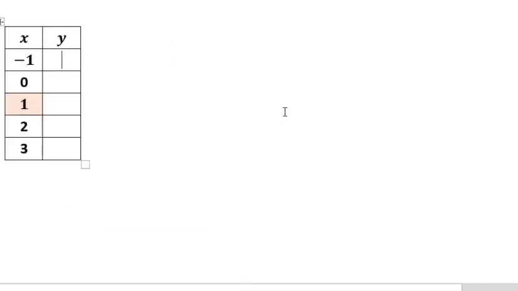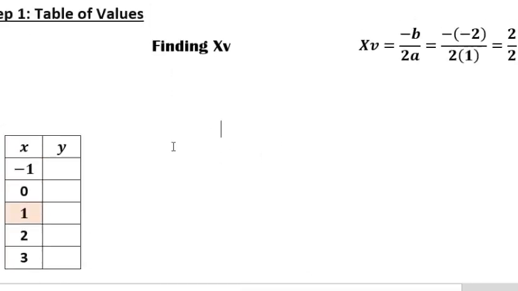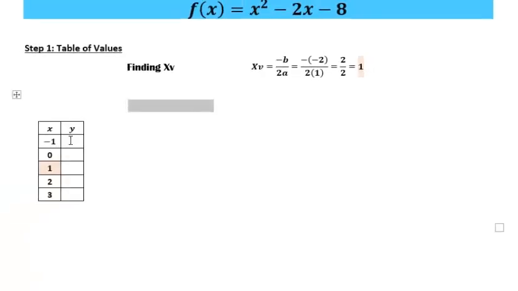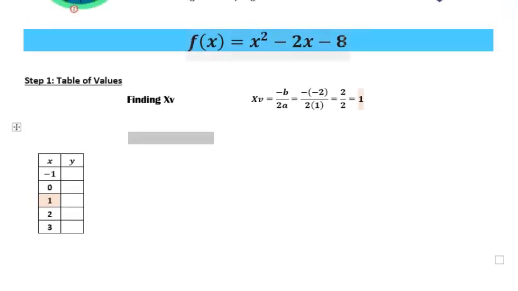So now that we have the table of values complete, we're going to have to start finding the values for letter y. For that, we're going to use the formula of the exercise as usual. We're going to copy the formula and we're going to substitute the numbers that we have in here instead of the x's.